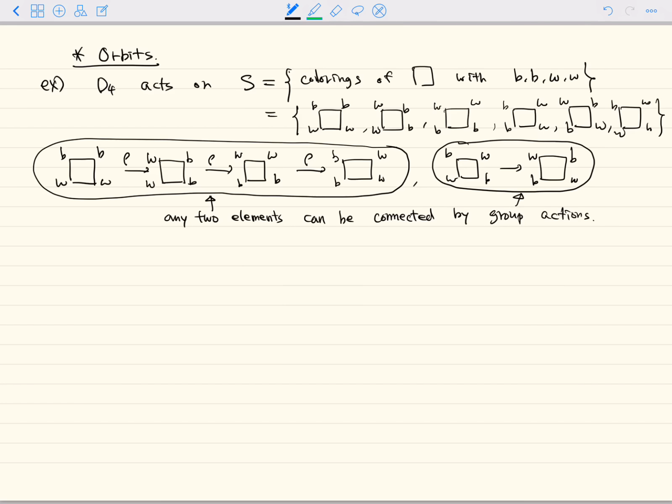Also in here, if you take any two of them in one block, you can go from one to the other by applying a series of group actions.